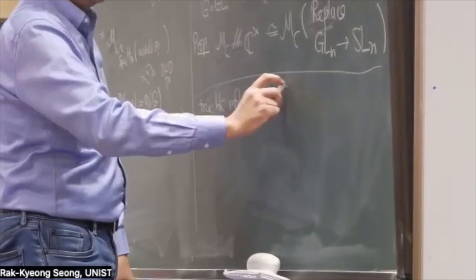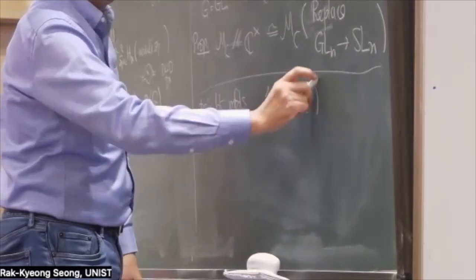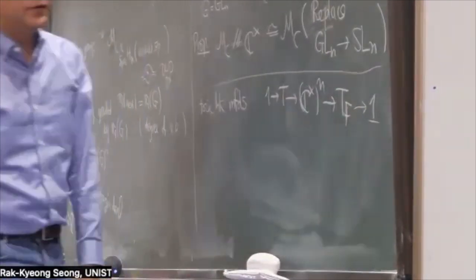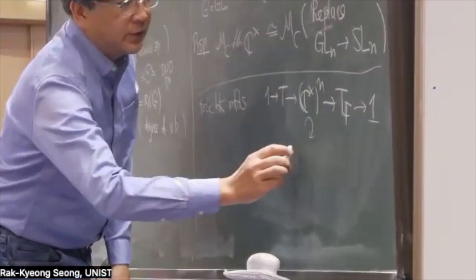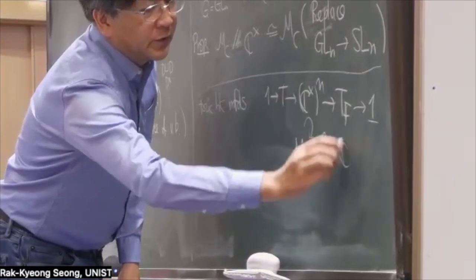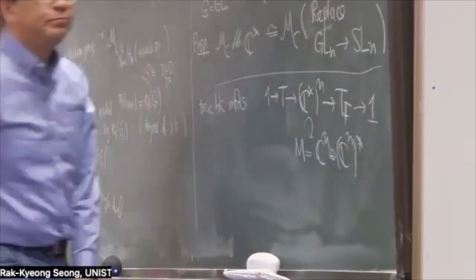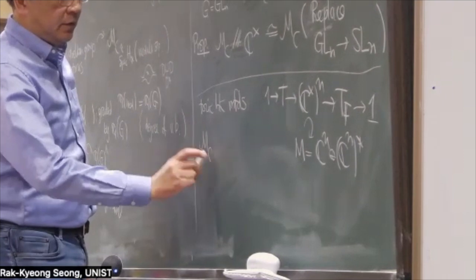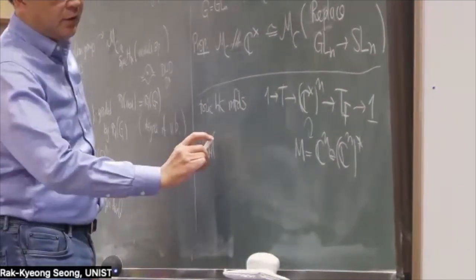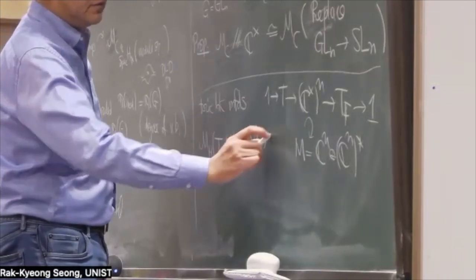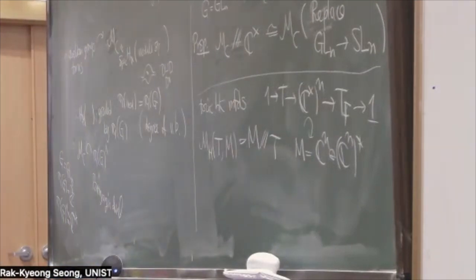So if you have an exact sequence like this, and I denote the quotient by TF, so this is the flavor symmetry group, and you have the action of T on M, then the Higgs branch of this T and M is a symplectic reduction, which Namikawa-san used to consider in some examples.